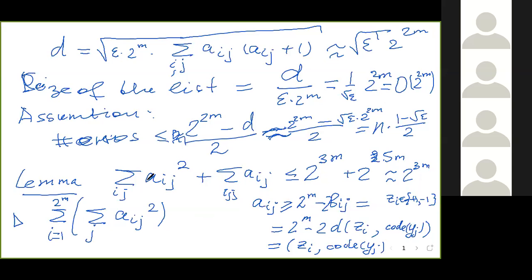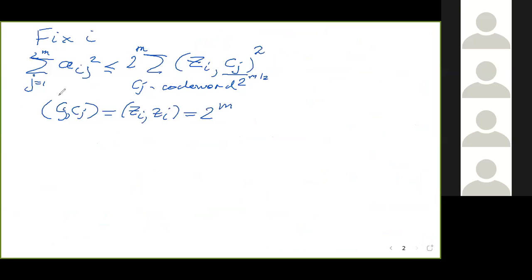And so when we square all the aij's, their sum is at most the sum of bij squared trivially. So this is the sum of bij squared, and by Parseval inequality, we obtain that this sum is at most the square of zi, the inner square, which is 2 to the m. So we obtain 2 to the 2m.